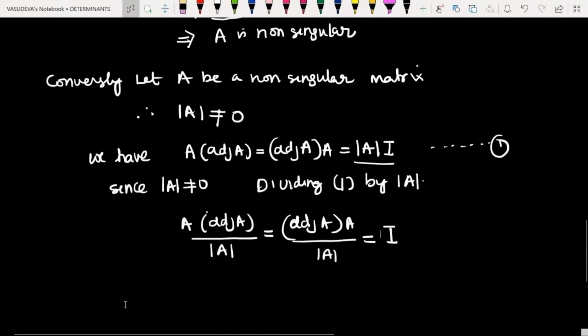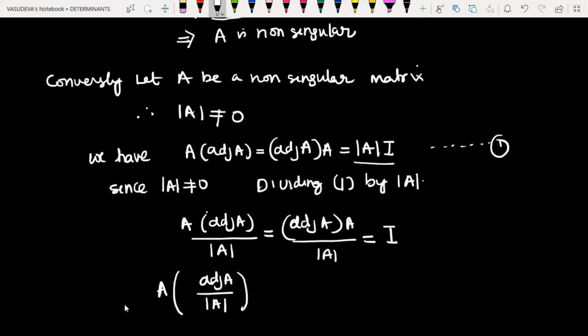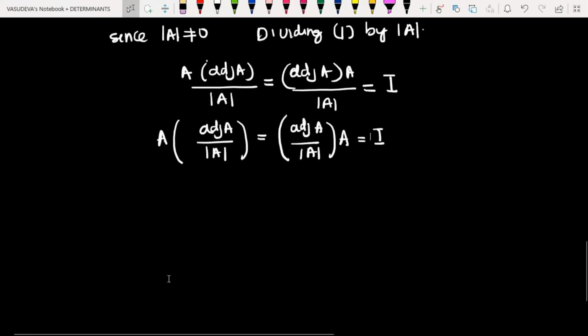So now rewriting this, A into adjoint of A divided by determinant of A is equal to adjoint of A divided by determinant of A into A is equal to I. So this implies what?